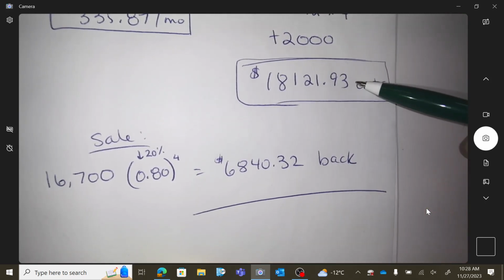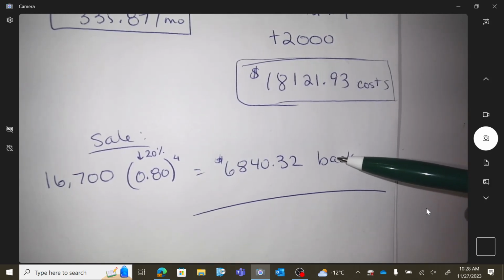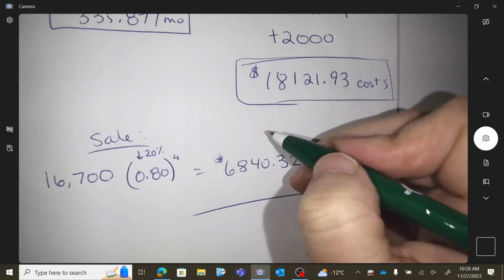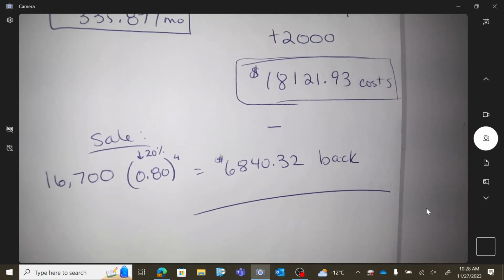Okay, so you paid out of your pocket, but then this came back into your pocket. So can you give me the difference of those numbers? This subtract that.